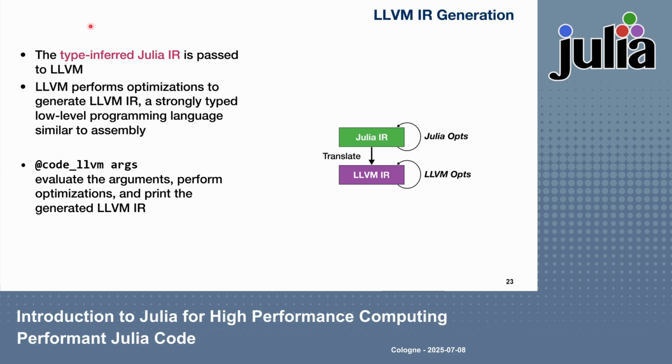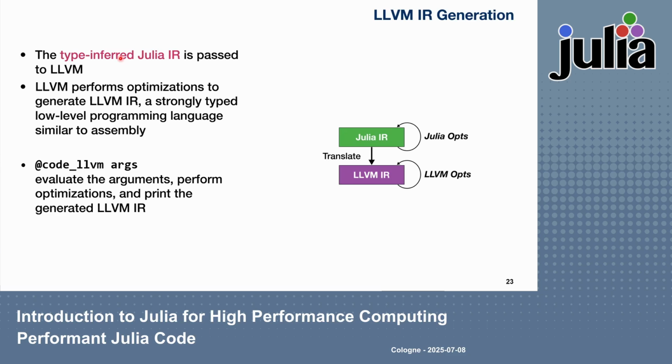Okay, last but not least, the type inferred Julia IR. As you can see, I put it in red. It's not an error. It means it's very important. The type inferred Julia IR will be passed to LLVM so that LLVM will perform further optimization.